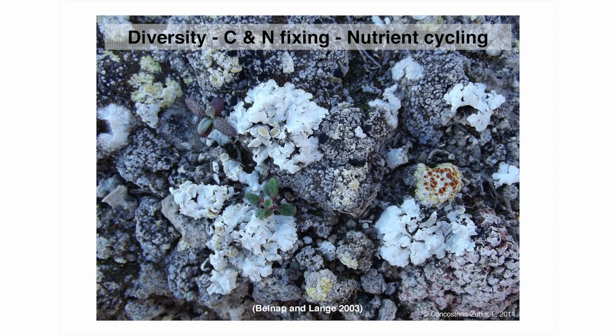So this ecosystem component, as you may see here, is contributing to the diversity of drylands because you have plants, but of course you have these lichens. Here hidden are some mosses. And they are organisms that fix carbon and nitrogen, and they also participate in other nutrient cycles like phosphorus and micronutrients.